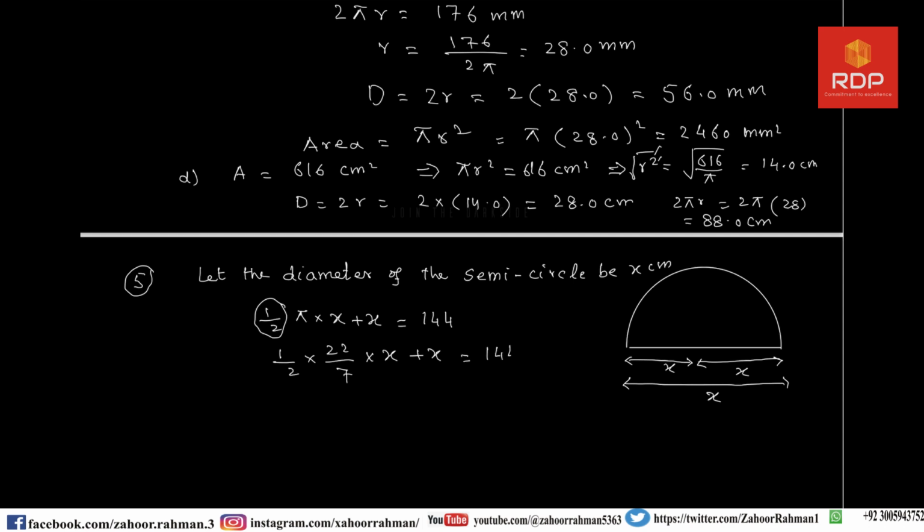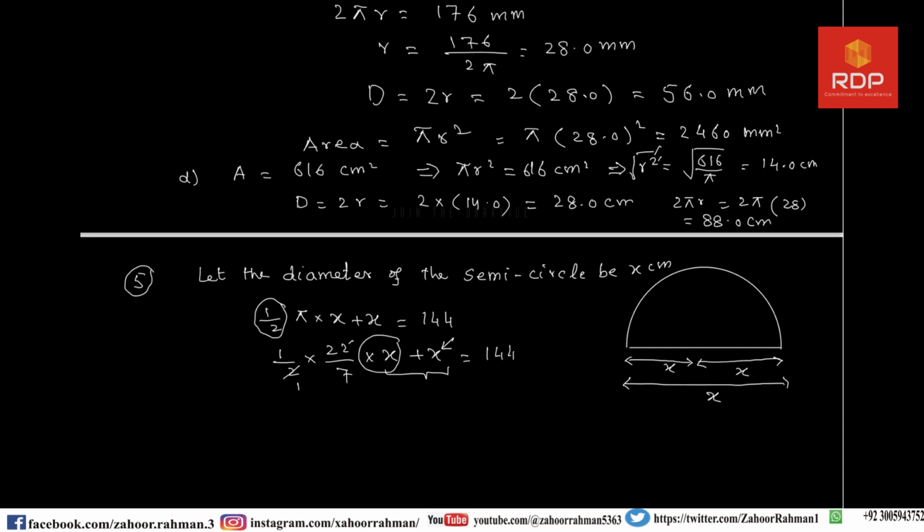Ladies and gentlemen, let us discuss this. There is a very minute point you have to understand. Many students are taking this as 2x, but it is not correct because there is multiplication first. So we have to take the x with this 22 over 7 and then we will add this x.